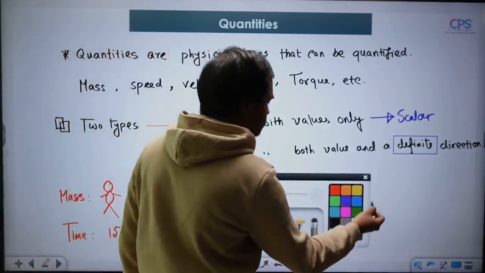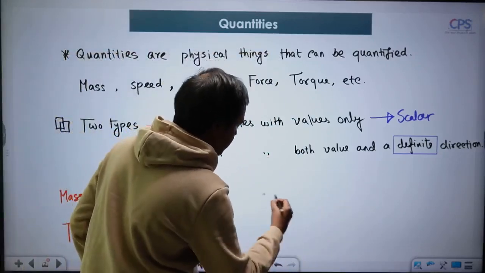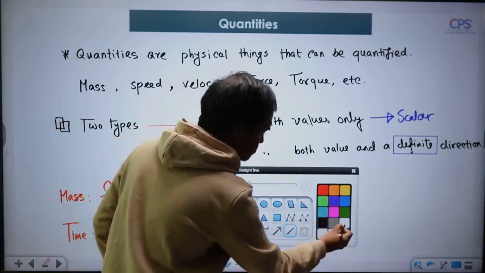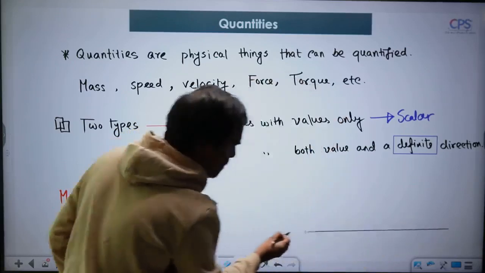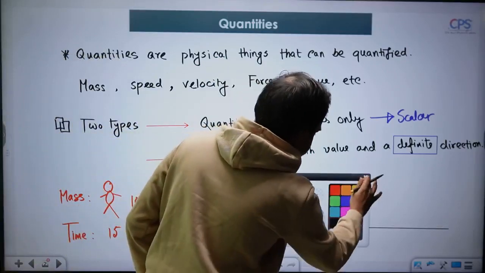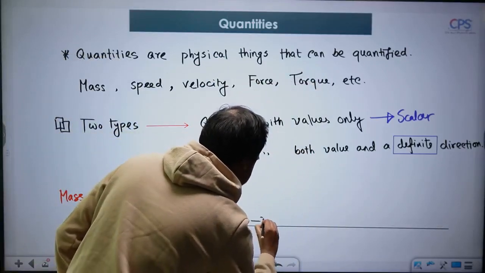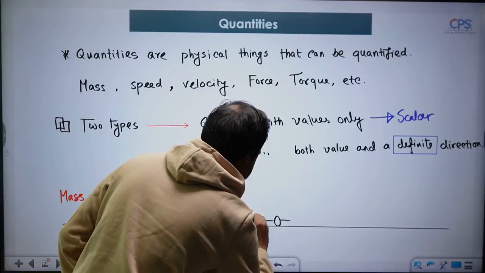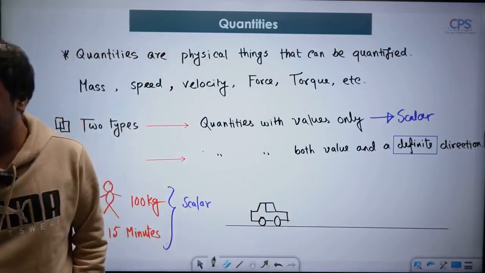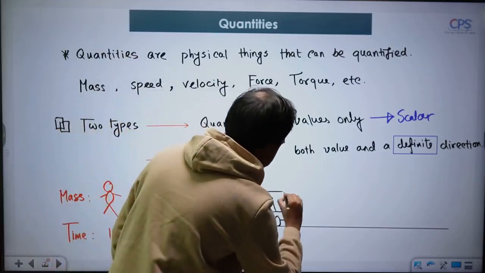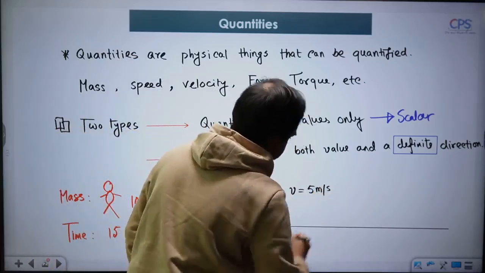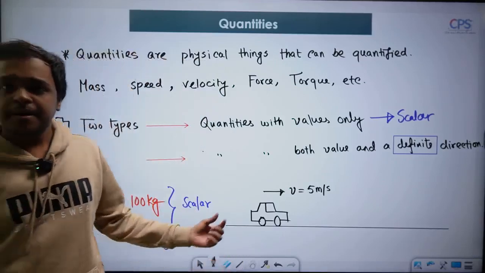Let's say there is a car, right? Let's say there is a road, and on this road a car is passing by. Okay, so this car has a velocity of 5 meters per second. What does this mean?